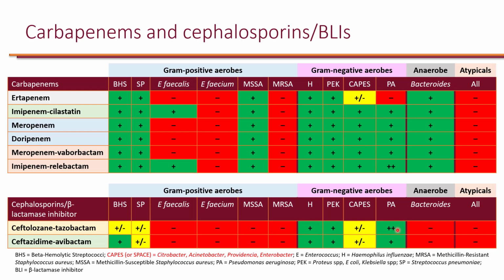So the reason they developed ceftolozane tazobactam was really to target Pseudomonas that were potentially resistant to other available agents. So if you have Pseudomonas resistant to cefepime and piperacillin tazobactam, or even resistant to carbapenems, if you have Pseudomonas resistant to meropenem, ceftolozane tazobactam could potentially still have activity, so very potent against Pseudomonas.